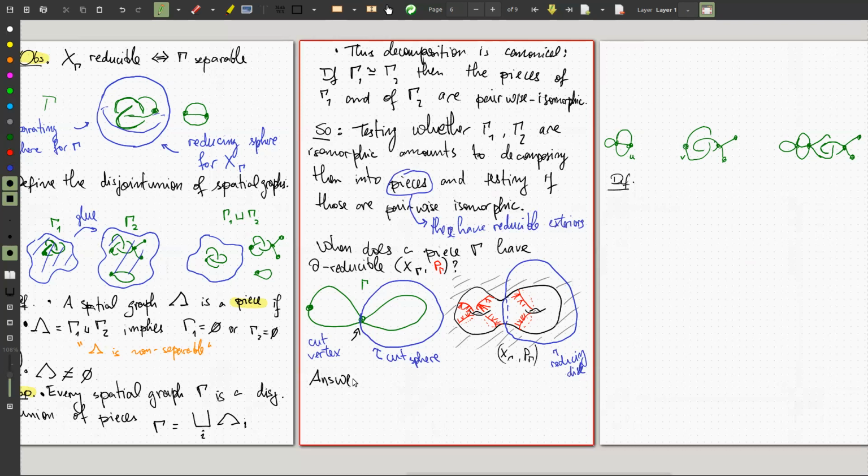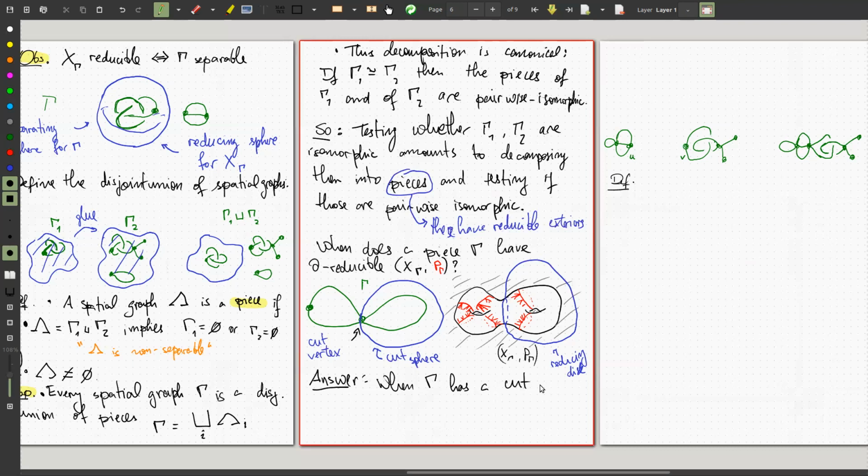So the answer to that question is: when gamma has a cut vertex, or, in parentheses, gamma is a one-edge graph.